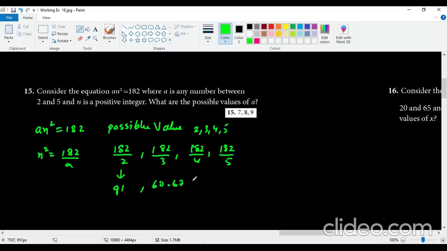Third one is giving us 45.5. And the fourth one is giving us 36.4. So none of them is a perfect square. These three are not even integers.